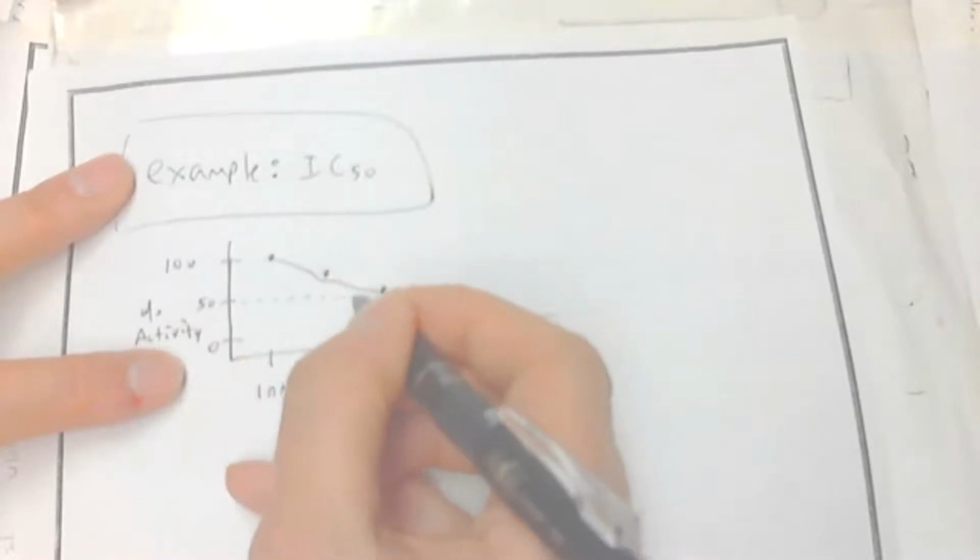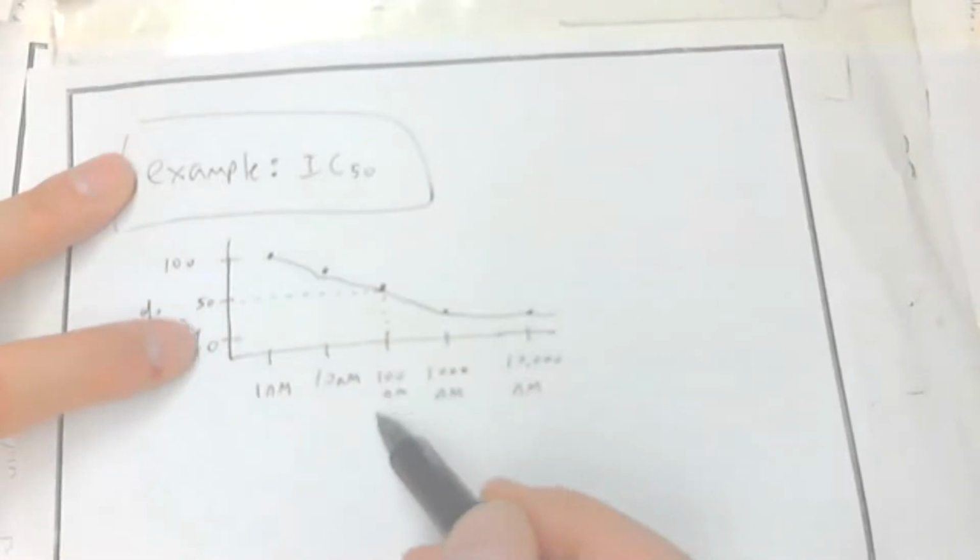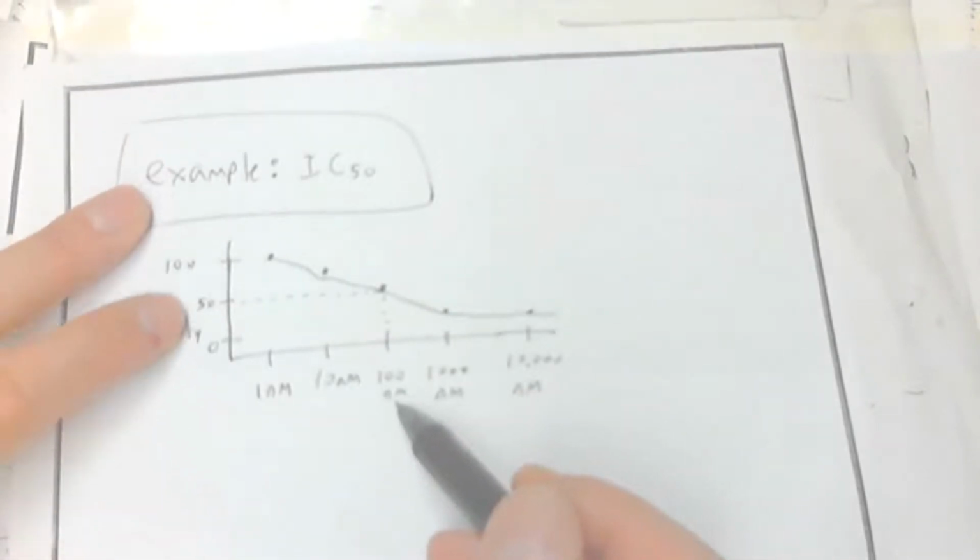And the idea is that the 50% point defines what the IC50 value is. So for this generic drug example, the IC50 would be about 100 nanomolar, right?